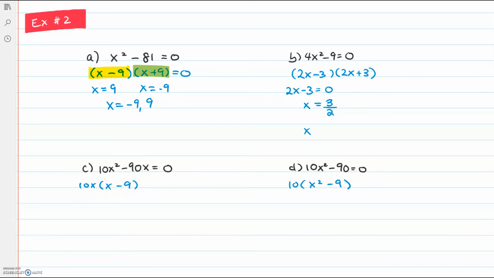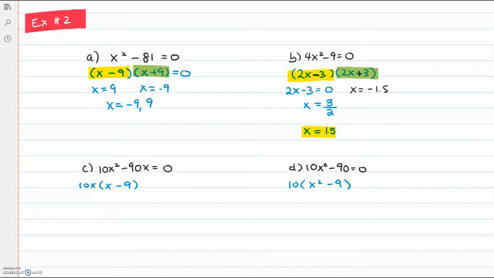So here I do have a terminating decimal, so I'm going to write it as that, x equals 1.5. X equals 1.5 in my first factor, and I don't even have to calculate it to know that x equals minus 1.5 in the other one, because in the other factor I have a positive sign, in the first factor I have a minus sign.